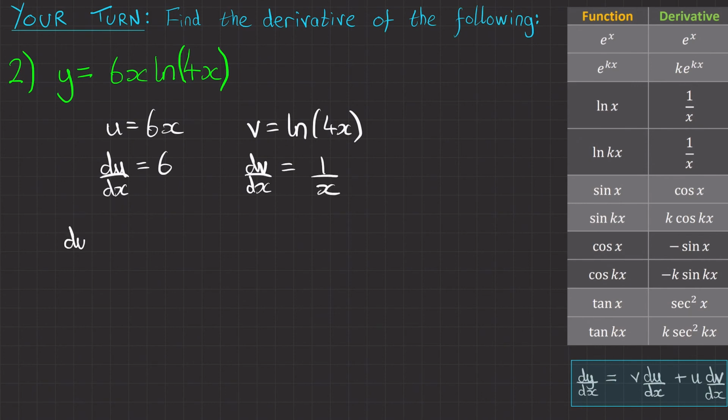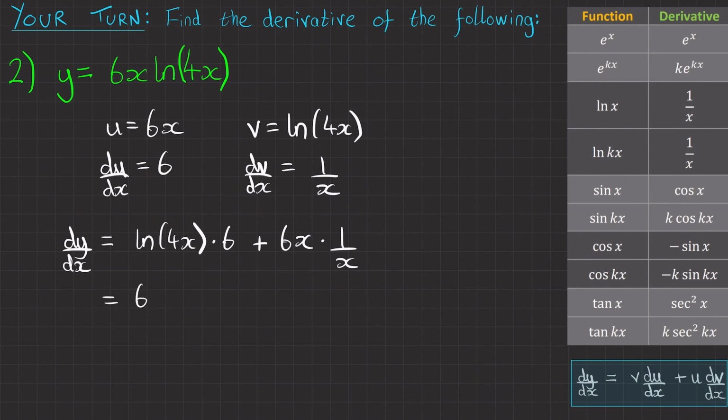So dy by dx equals v, which is ln 4x, multiplied by du by dx, which is 6, plus u, which is 6x, multiplied by dv by dx, which is 1 over x. Let's simplify this down.